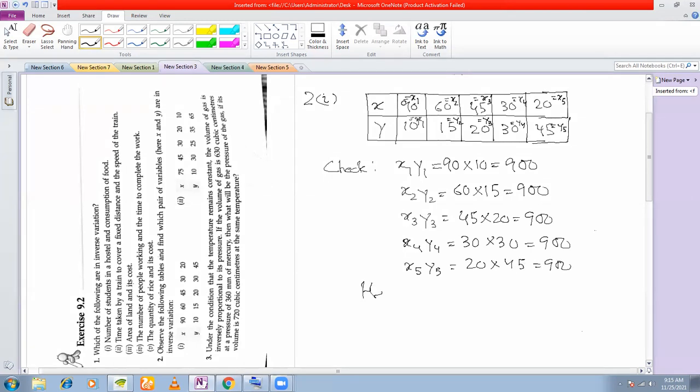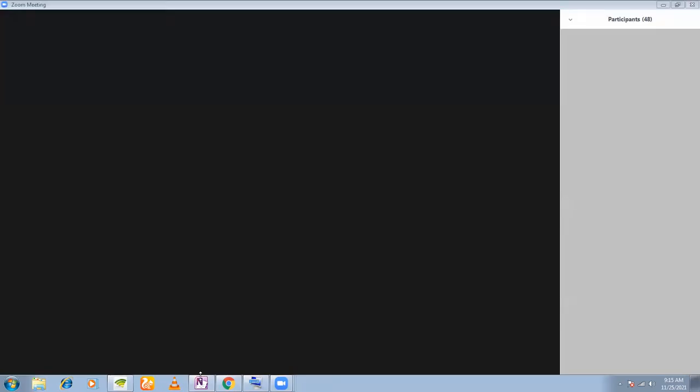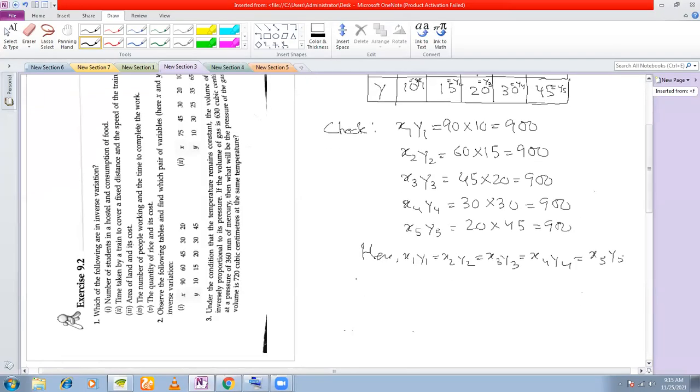So here X1 Y1 is equal to X2 Y2 is equal to X3 Y3 is equal to X4 Y4 is equal to X5 Y5. So what do we say? Hence X and Y are in inverse variation.